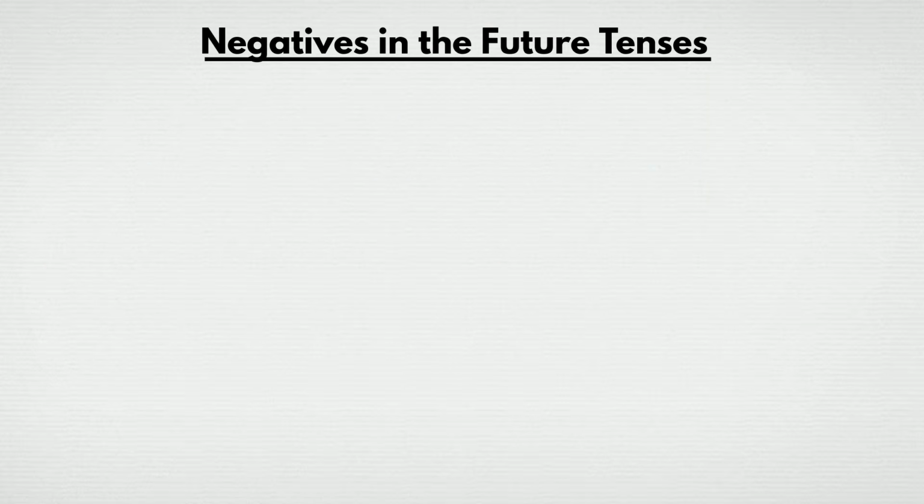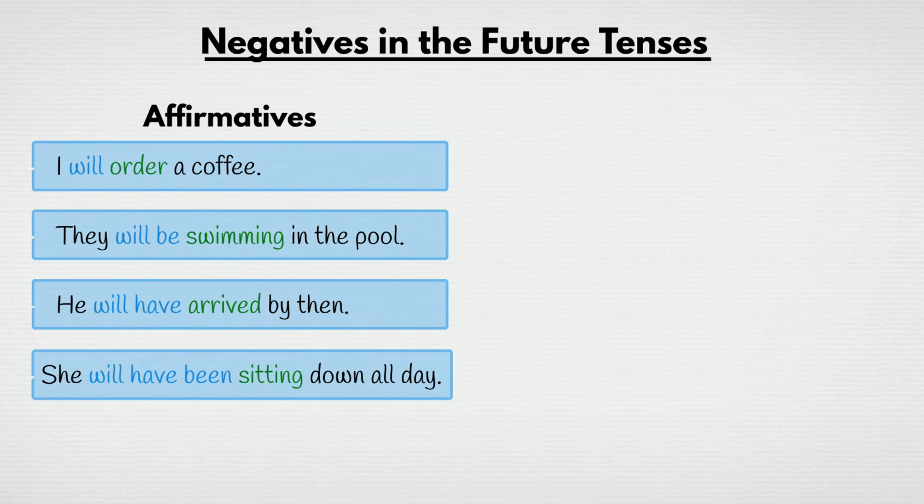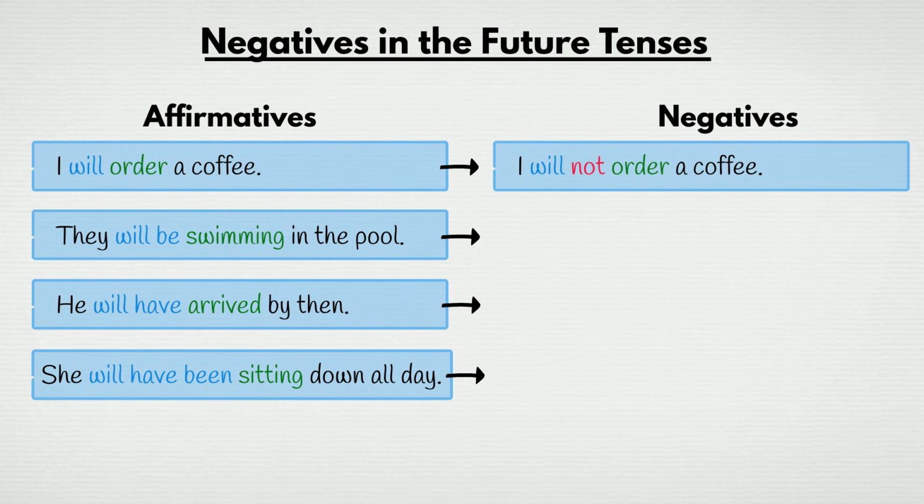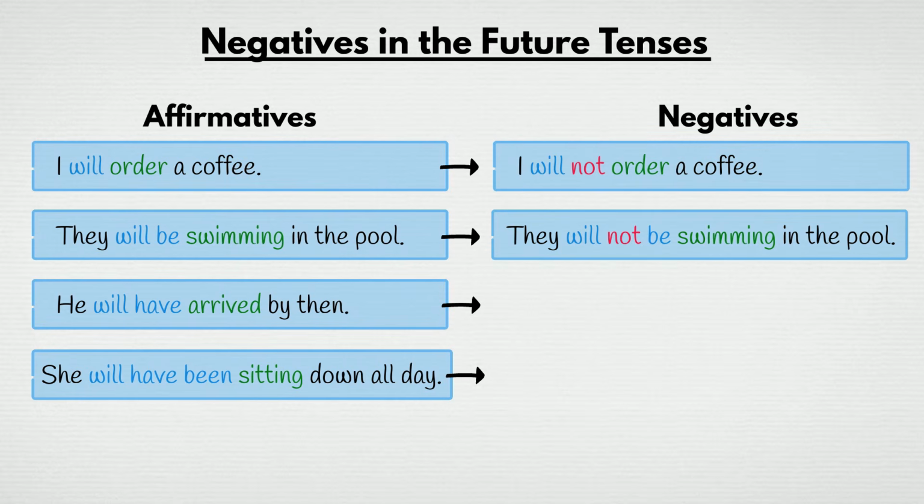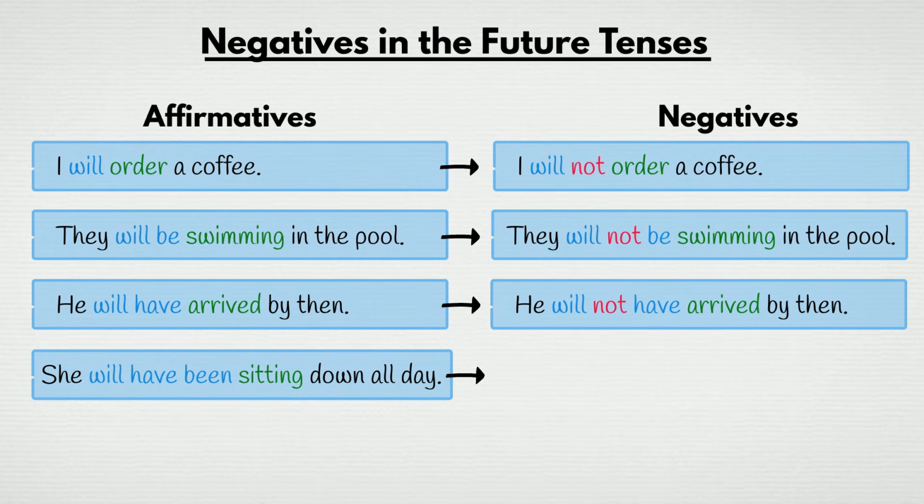Let's now look at how to form negative sentences using future tenses. Here are 4 sentences in the affirmative, and here's how they would be written in the negative. I will not order a coffee. They will not be swimming in the pool. He will not have arrived by then.